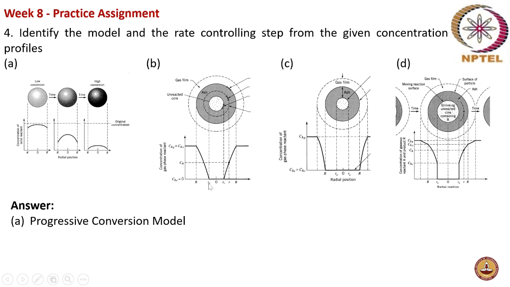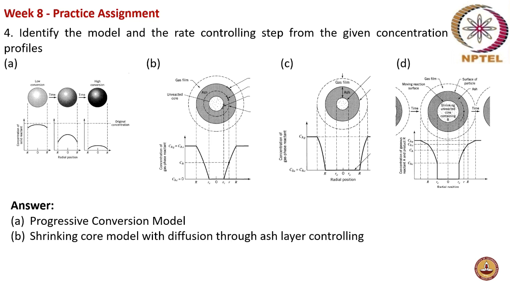Okay, that means since across the gas film the concentration is maintained, and the reaction is spontaneous, and the concentration falls to 0 immediately, it is a diffusion control in the ash layer. The ash layer is controlling the diffusion of gas A.